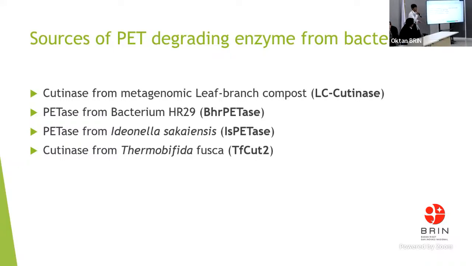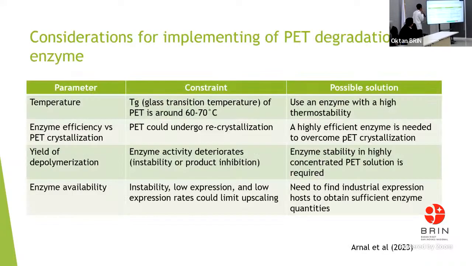So there are many, and possibly many more that have not been explored. But currently these are the more studied, and many engineering attempts have been done using these proteins as templates.